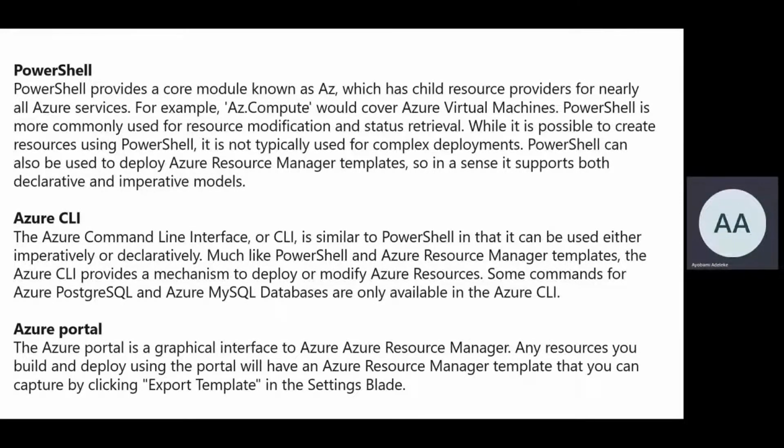So when you are working on the Azure Portal, when you create a resource, you create a resource group, for every action you take, at the back end the portal is already generating the ARM resource template for that particular resource you have created. So you can easily just go to the settings blade and click on export to export that template, parameterize it, modify it, tweak it, and create it as a shared template that can be used across your enterprise.